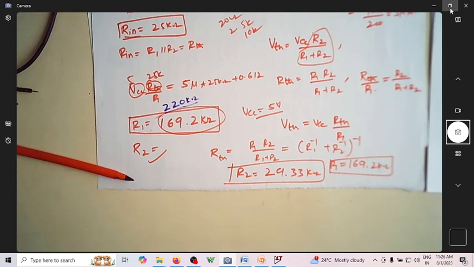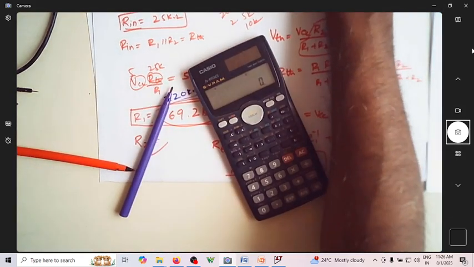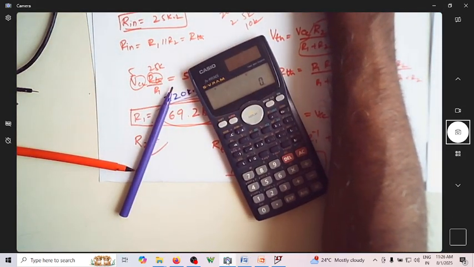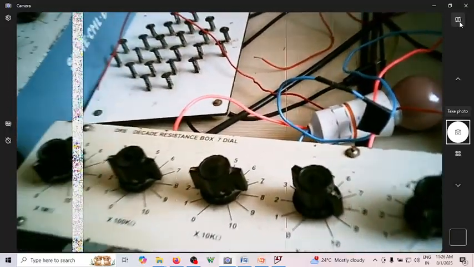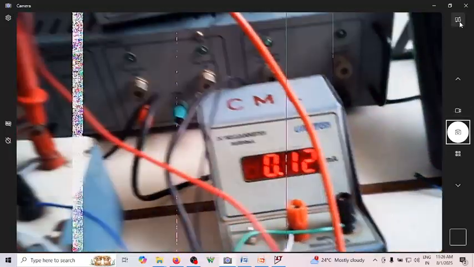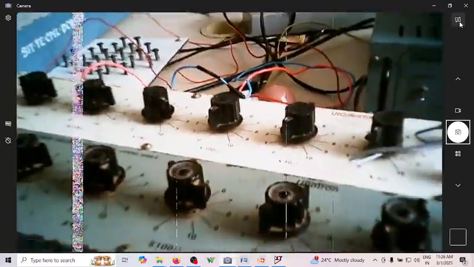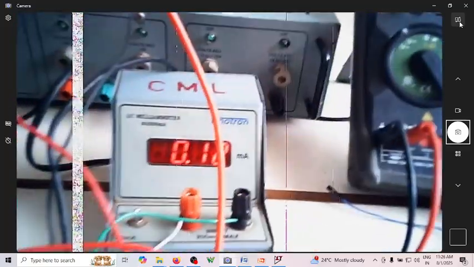The moment I increase that resistance to 220 kilo ohm, you can see here, when I'm going for a standard value, this current has reduced. Now you can increase this value of R2 so that this current increases.